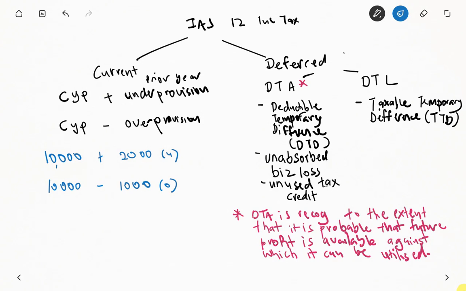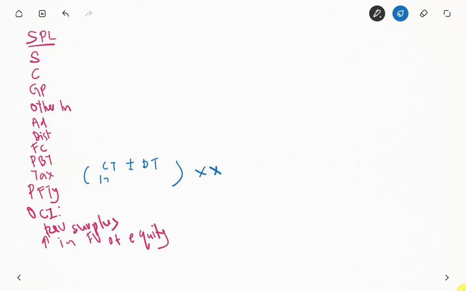Done. Current year provision plus and minus. This 12,000 will appear here. Current year provision, current tax.